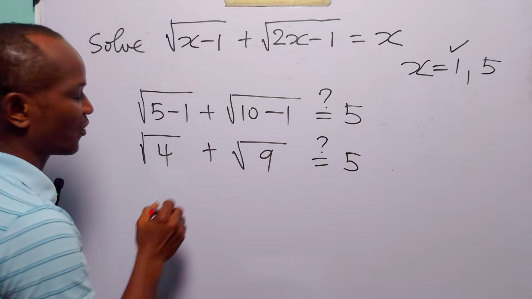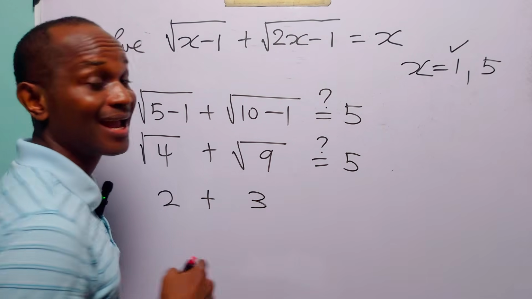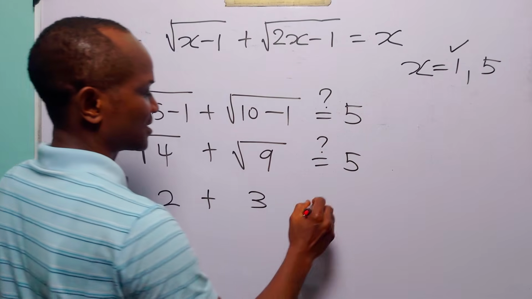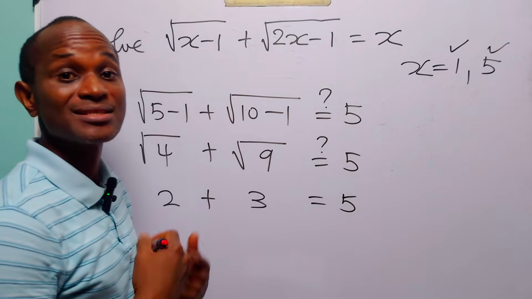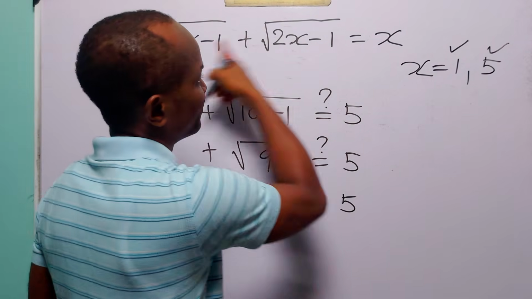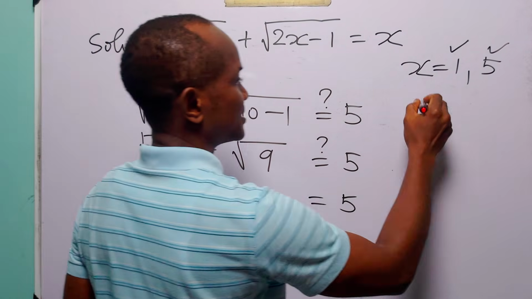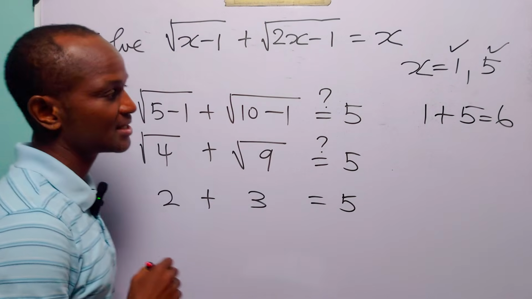The square root of 4 is 2, and the square root of 9 is 3. And of course, you know that 2 plus 3 is equal to 5. So this value of x is also correct. That means that the sum of the roots of this radical equation is 1 plus 5, which is equal to 6.